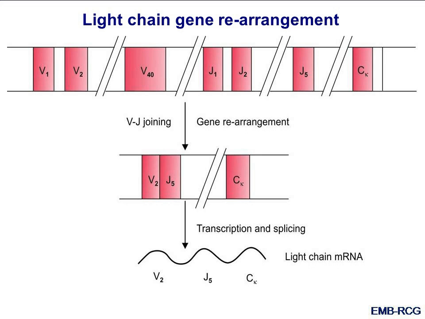So the DNA in between V2 and J5 is deleted, and V2 and J5 have been brought close to each other, and this gene rearrangement is known as VJ joining. And then there is only one gene in the C cluster, that is C kappa.